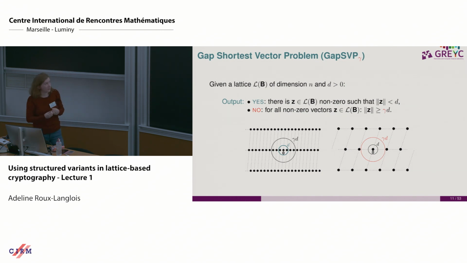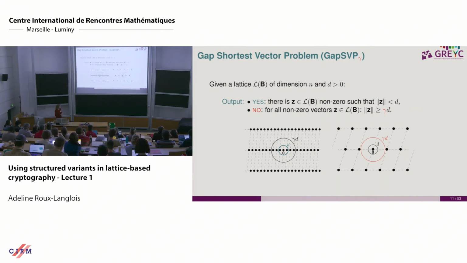But that's quite the same as SVP, the search variant. Actually, it will be also very hard to solve. So something interesting here, and that we need in cryptography, is that SVP in the search and decisional variants are two problems equivalent.